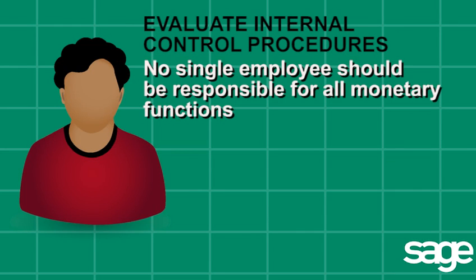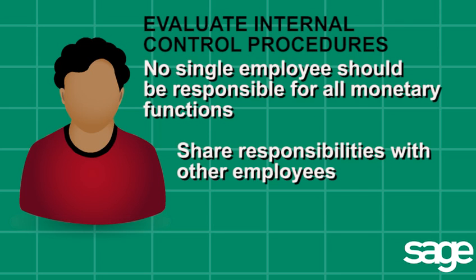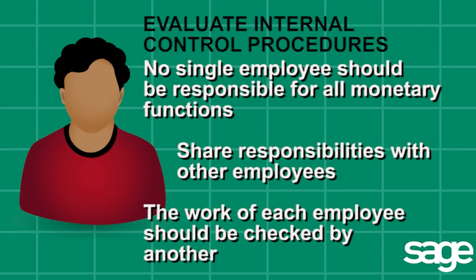No one employee should be responsible for all of these functions. So the first thing the owner should do is shift some of the monetary responsibilities to another employee, so there is always someone to check up on someone else. So that would be our answer to the first part of the question.